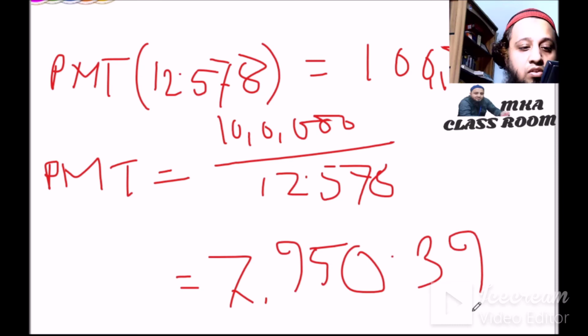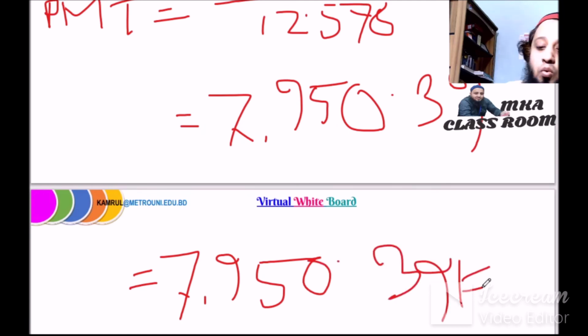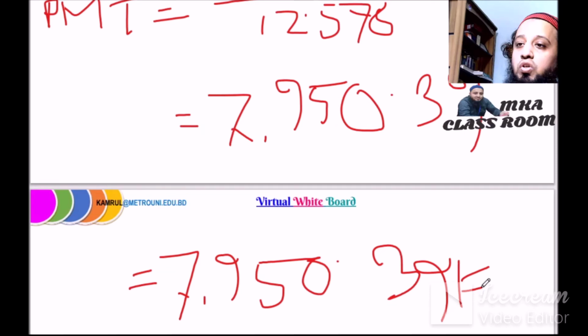That is our payment. So if you deposit 7,950.39 taka each year for 10 years, then after 10 years you will receive 1 lakh taka at the interest rate of 5%. So that should be our payment.